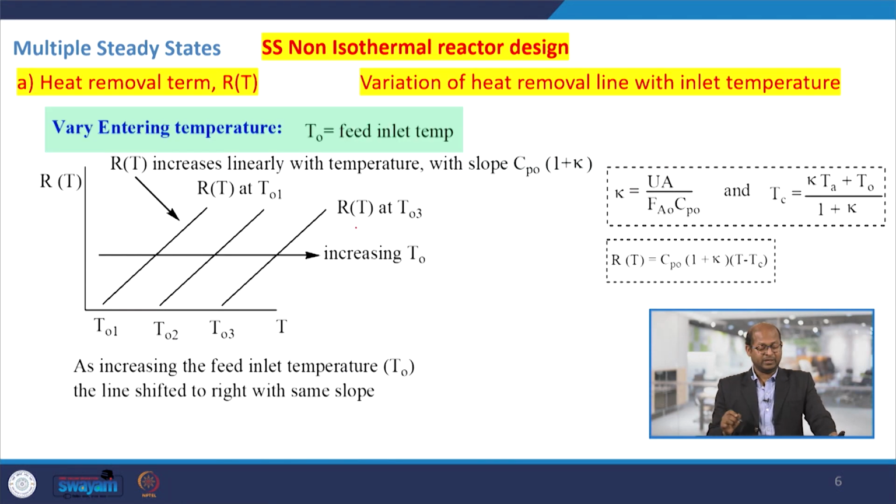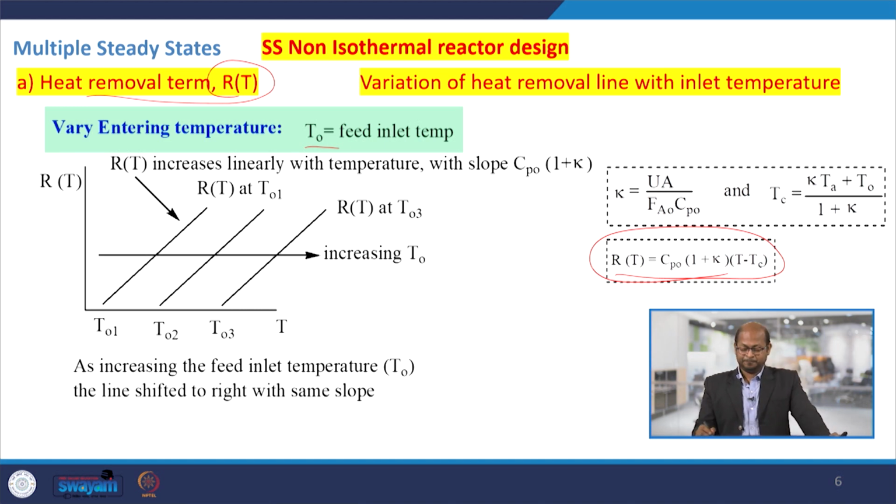First, the heat removal term, which is R(T). Here is the heat removal equation: Cp0 into (1 plus kappa) into (T minus Tc). This Tc is directly proportional to, or related with, the feed inlet temperature, where T0 is the feed inlet temperature.